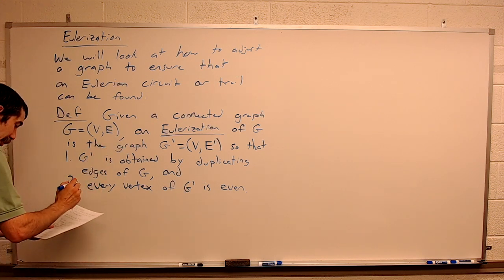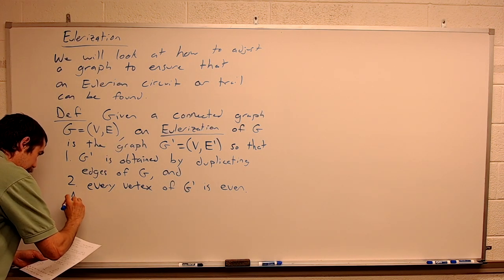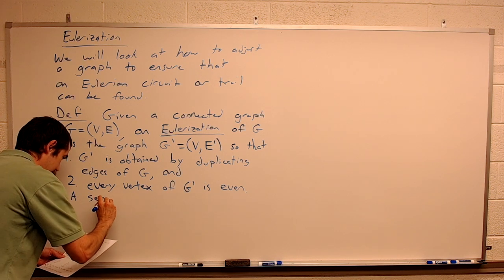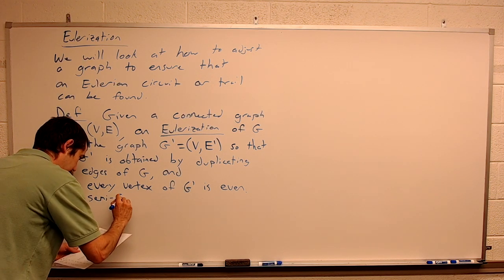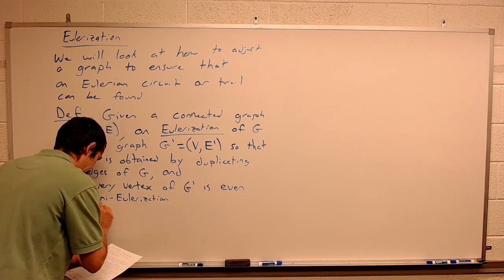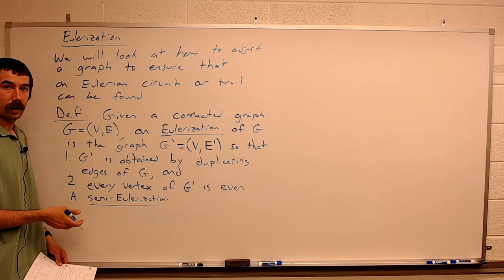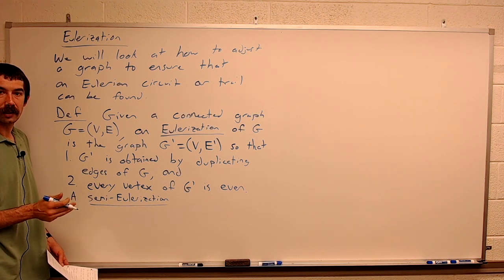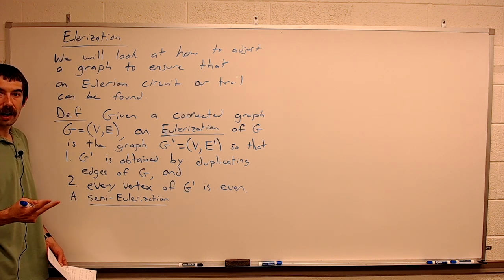A semi-Eulerization is the same as an Eulerization, but we're going to have two odd vertices at the end.